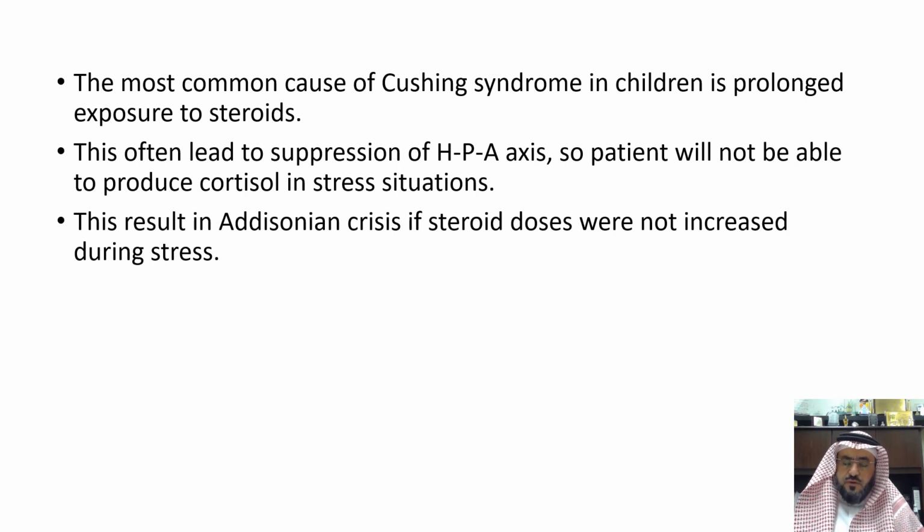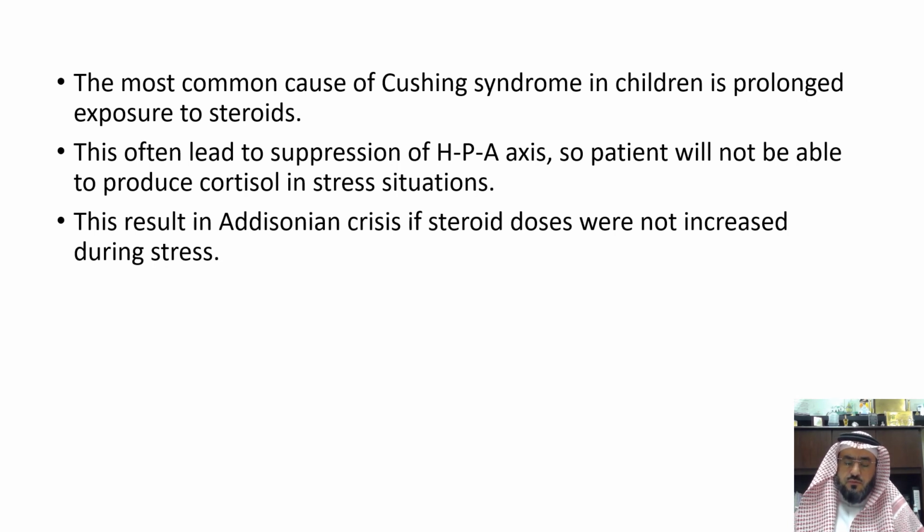Sometimes, if the tapering of the steroid was not enough, or there was a hurry in reducing the dose of steroid, the hypothalamic pituitary adrenal axis is still suppressed, because it takes at least 4 to 6 weeks for this axis to recover from suppression by exogenous steroid.